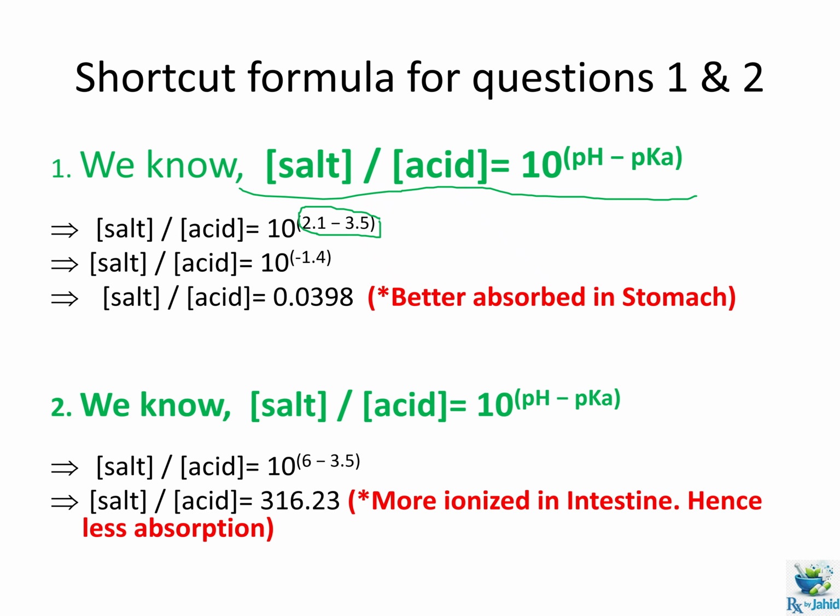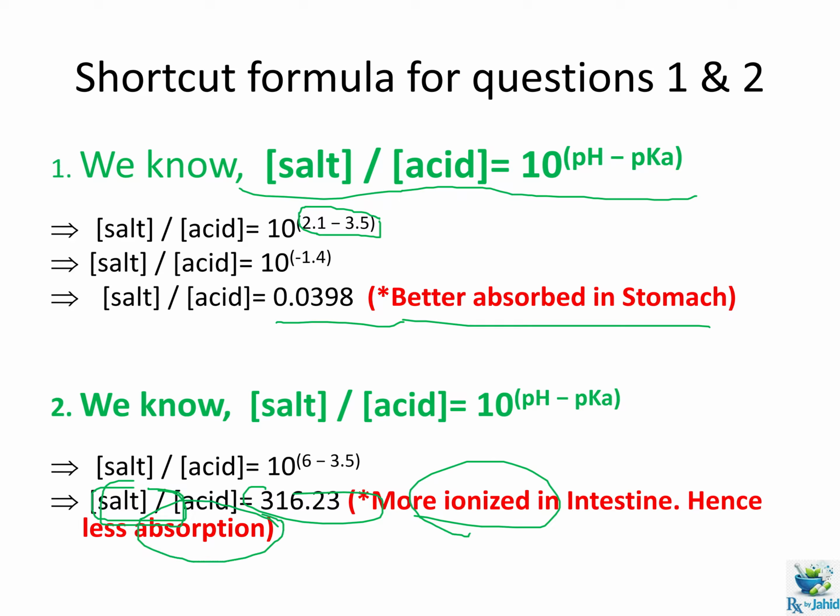That means salt by acid is equal to 0.03. This is the result of our first problem, so it is better absorbed in the stomach. And in case of the next problem, we saw that the salt to acid ratio was 316. That means salt is higher in concentration, that is, more ionized in the intestine, so less absorption would happen.